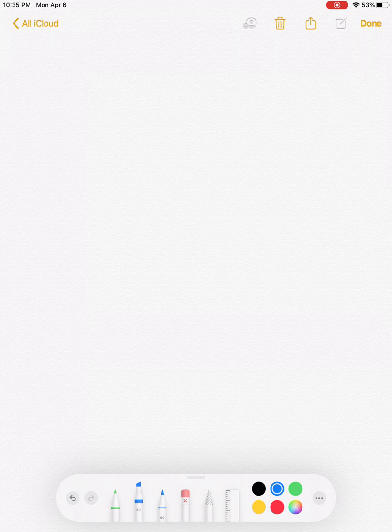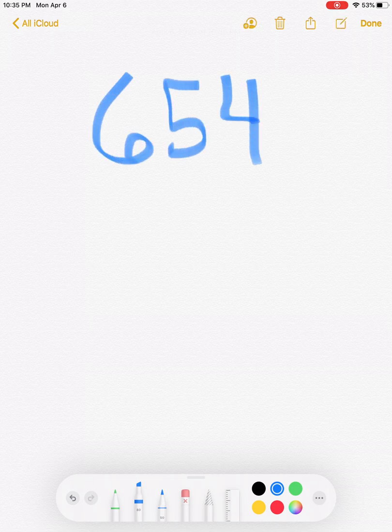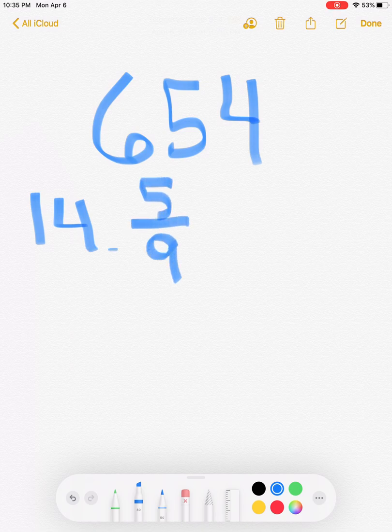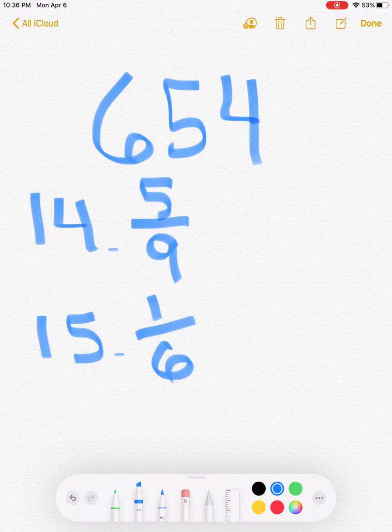Please open your math book to page 654. The first thing we're going to do is check page 654. Number 14 is 5/9. Number 15 is 1/6. Number 16 is 1/4.